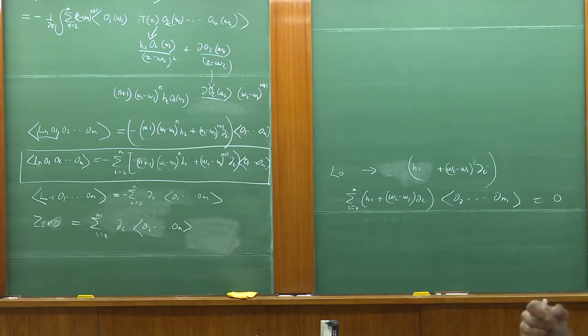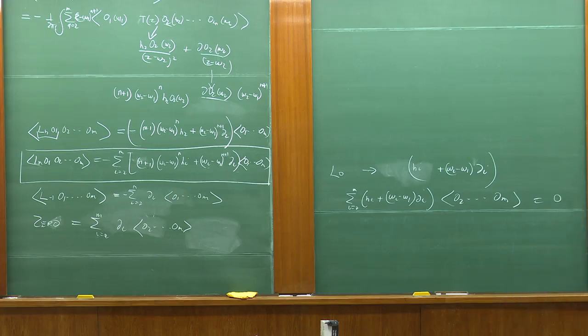If you've got a correlation function of operators with dimensions h2 up to hm, the net homogeneity of a correlator in omega 2 up to omega m must be 1 over omega to the power sum over h. That's what this is telling you. It's just a statement about homogeneous functions. Is this clear? No. Okay.